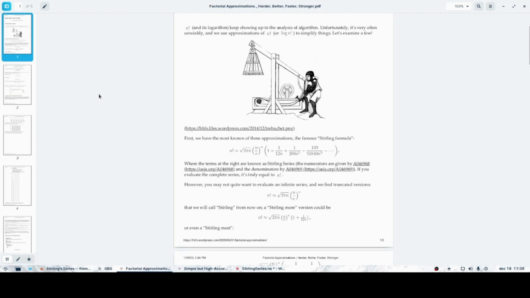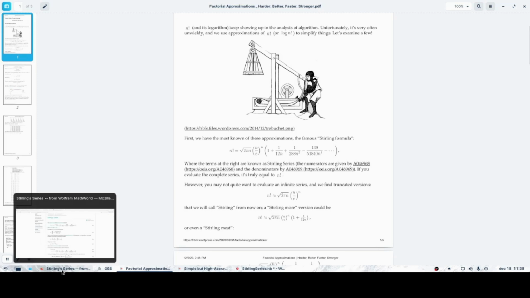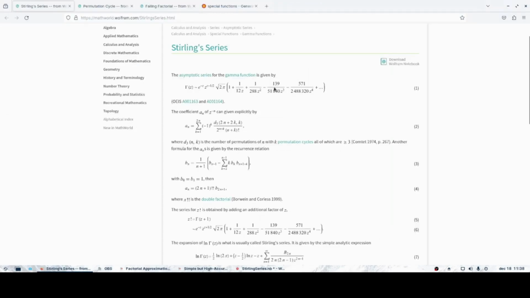So, another search now directly for the Stirling formula or Stirling series led to this document.